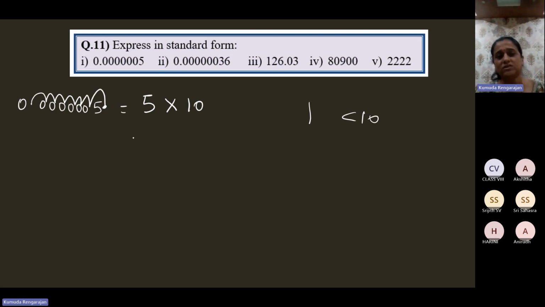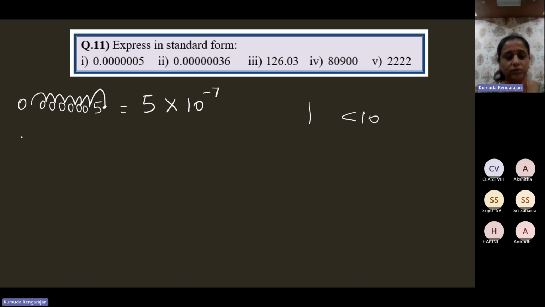And what will be the negative power? The number of times we have moved the decimal point. 1, 2, 3, 4, 5, 6, 7. We've moved the decimal point by 7 places. So raise 10 to negative 7.